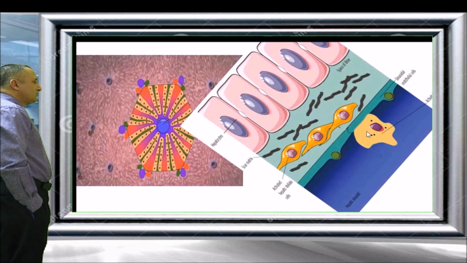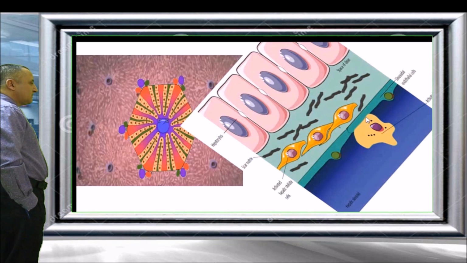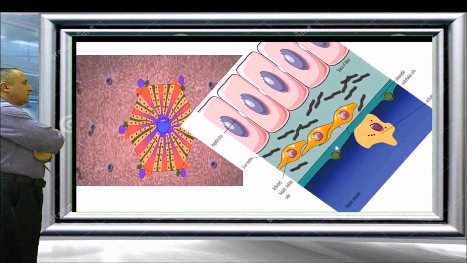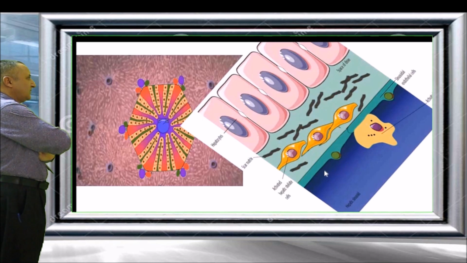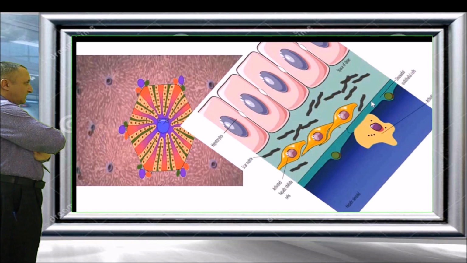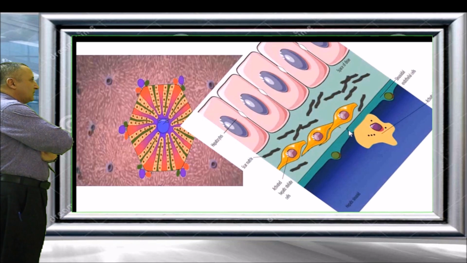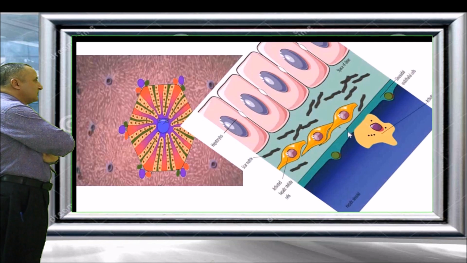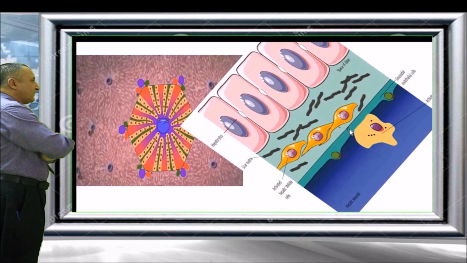And we also know that there is an endothelial lining on the sinusoids; these sinusoids are lined by endothelial cells, and these endothelial cells are fenestrated.